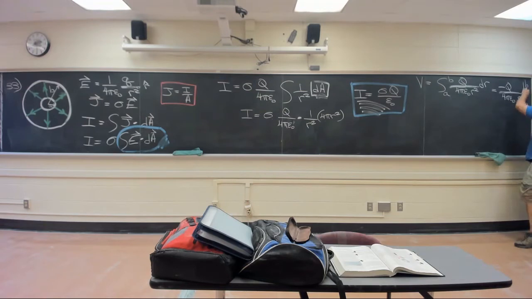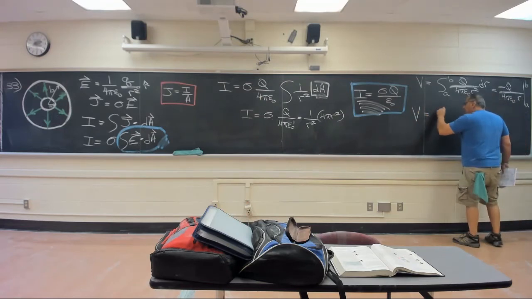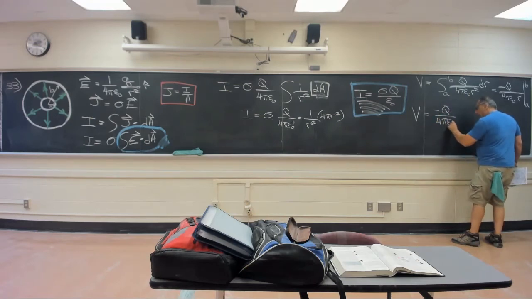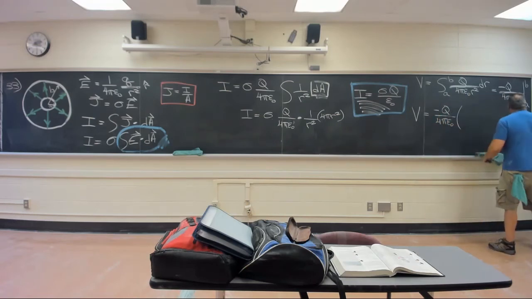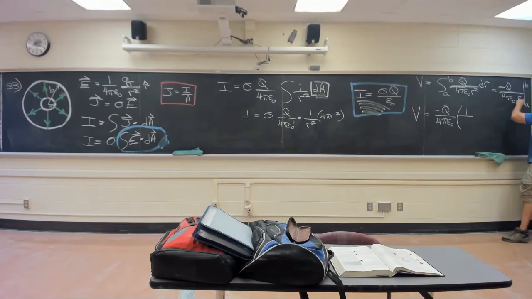Here we go. You got B here, you got A there, you got a negative here. You got V is negative Q over 4 pi epsilon naught. You'll see what I mean in a second here, guys. It gets just messy sometimes. That's 1 over r, just take that out of there, and just evaluate the r.